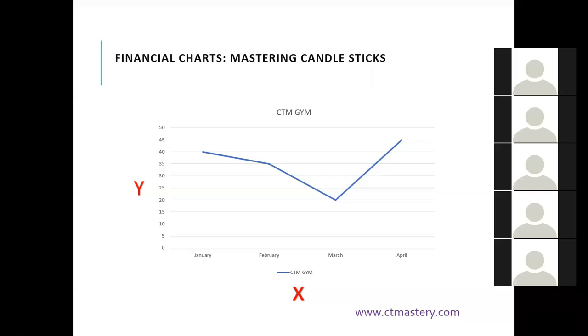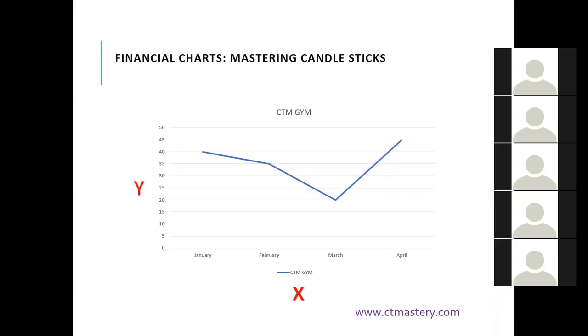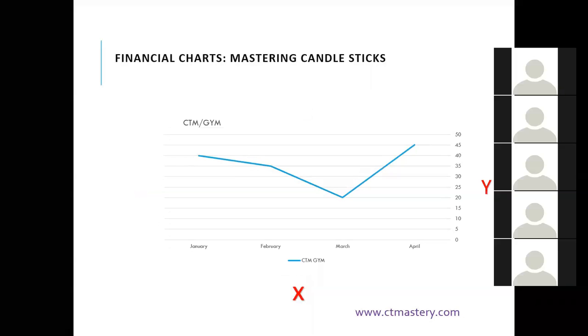From our elementary knowledge, we know that the y-axis is at the left-hand side and the x-axis at the bottom. We see that all charts follow this simple pattern with simple variation. For financial charts, the y-axis is taken to the right.